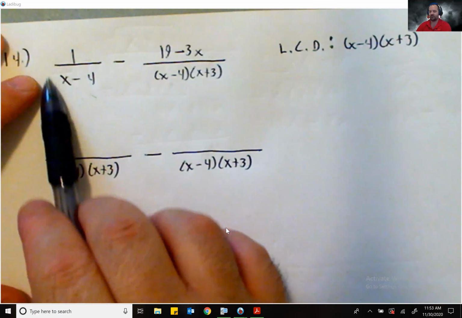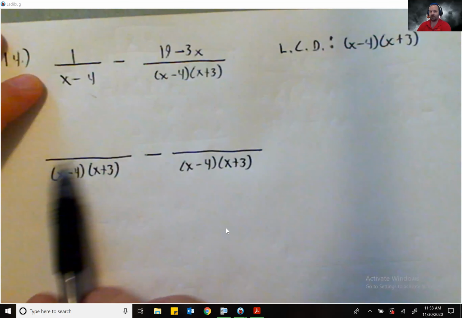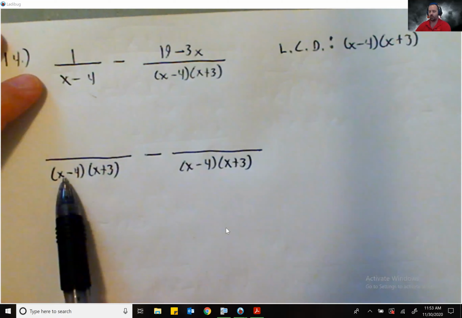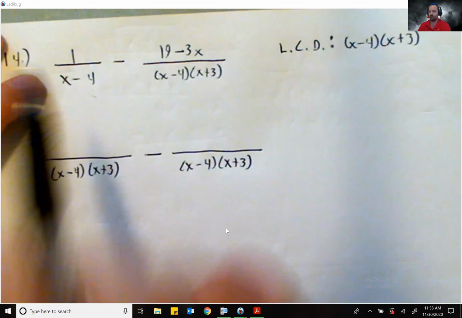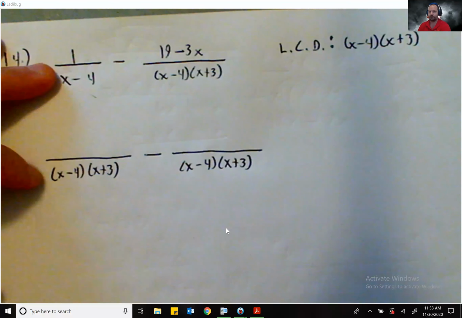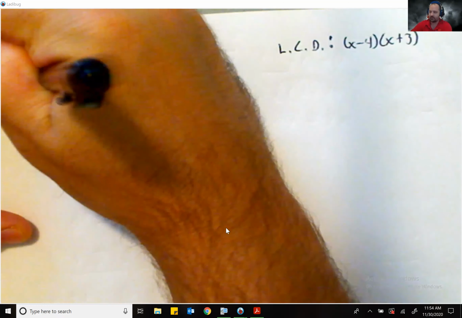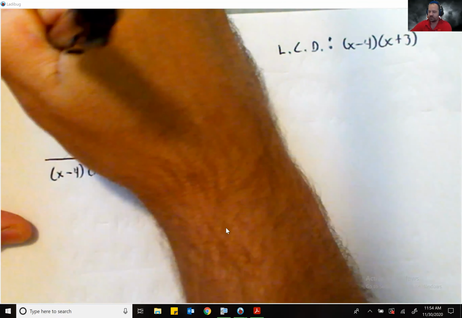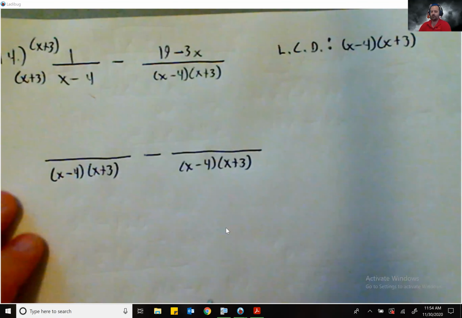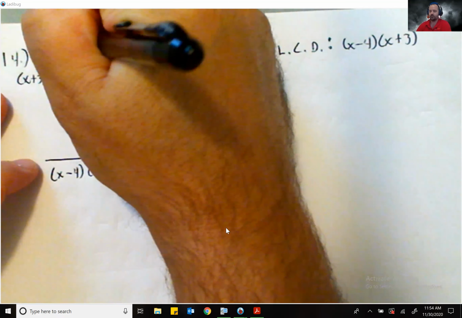So here's what I currently have: x minus 4. Here's what I need: x minus 4, x plus 3. So what is this guy missing? X plus 3. So this is going to get multiplied top and bottom by x plus 3. So this 1 is going to distribute through.